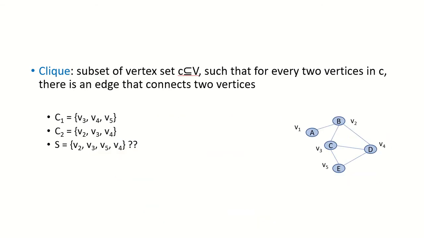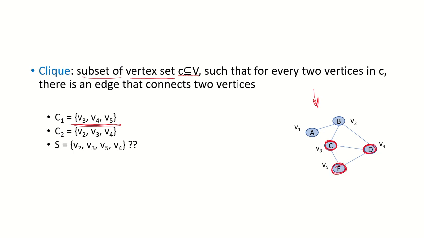A clique is a subset of the vertex set, so that every two vertices in that subset are connected with each other. So suppose this is a graph over here, and now we take a subset of these vertices, V3, V4 and V5.